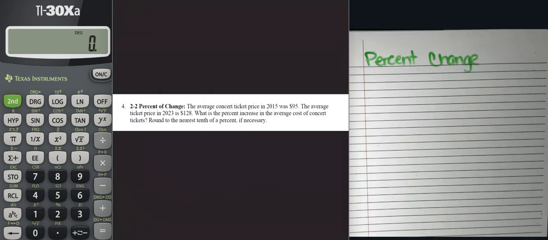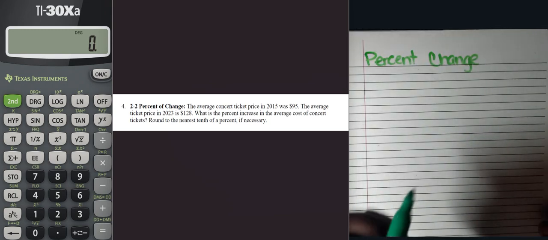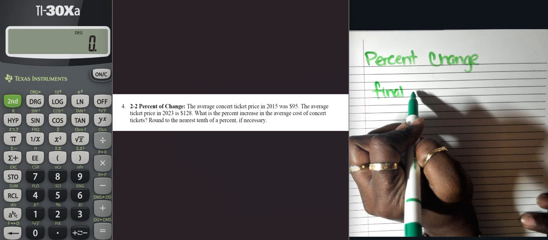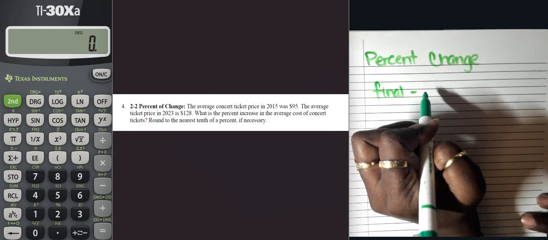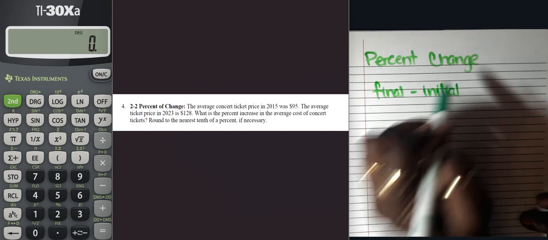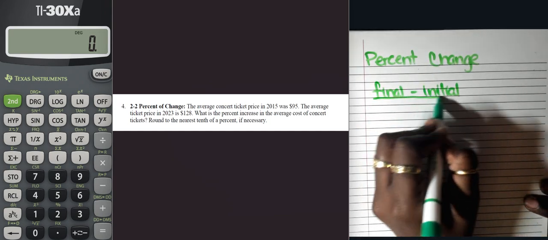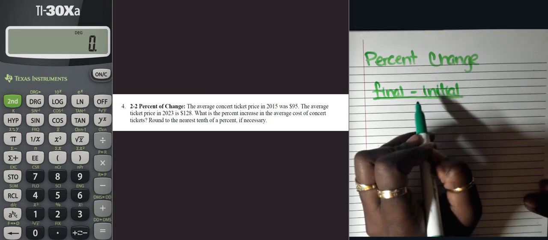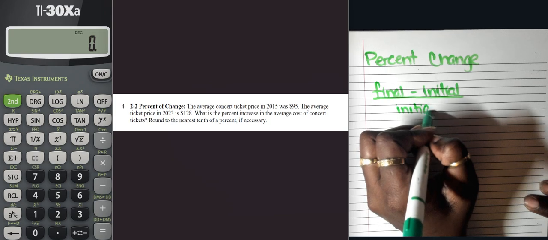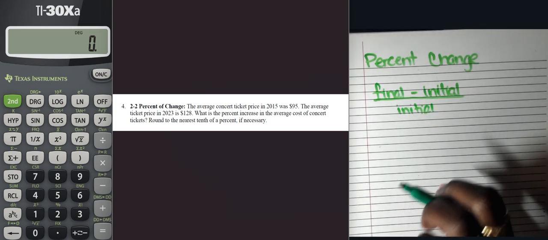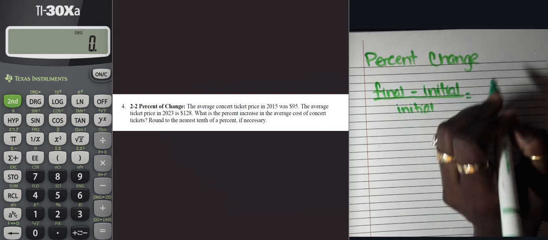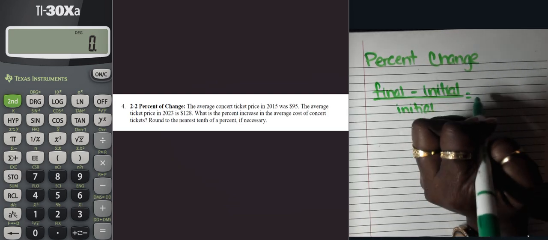So, let's write this formula out first. We're ending with our final value. So I'm just going to put final minus our initial, or original is what I've been saying in the previous videos. So the final minus the original, subtract that from the final, and then you're going to divide that by the initial amount. And then what that means is that we're going to come out with the percent of change, okay?